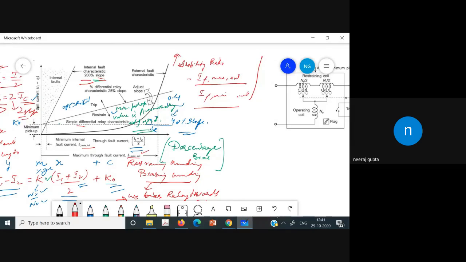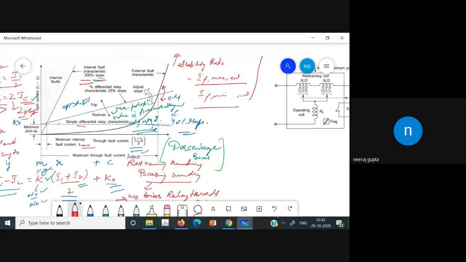So you have seen that the percentage differential relay can be made immune to maloperation through external faults by increasing the slope of the characteristics.